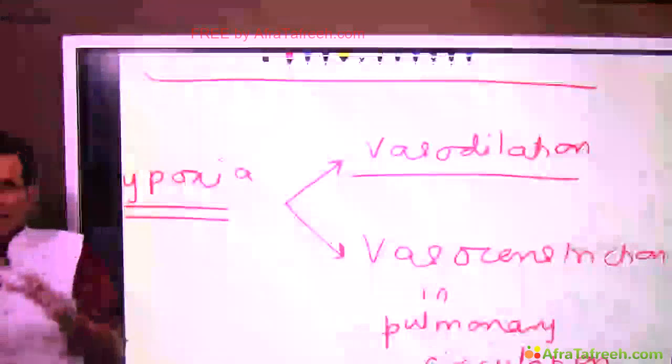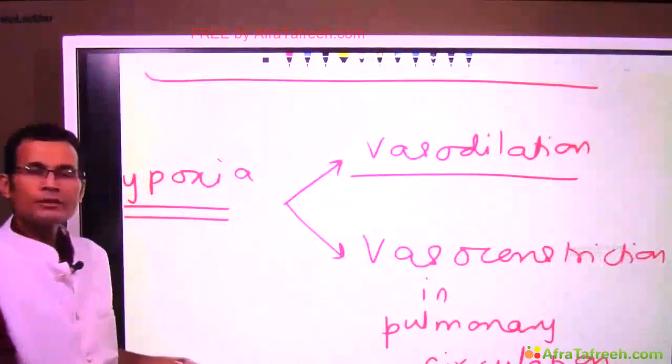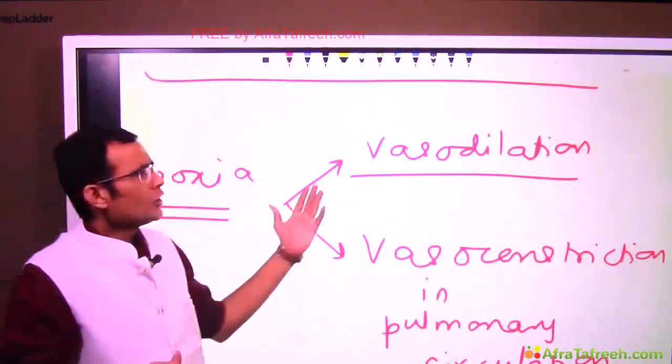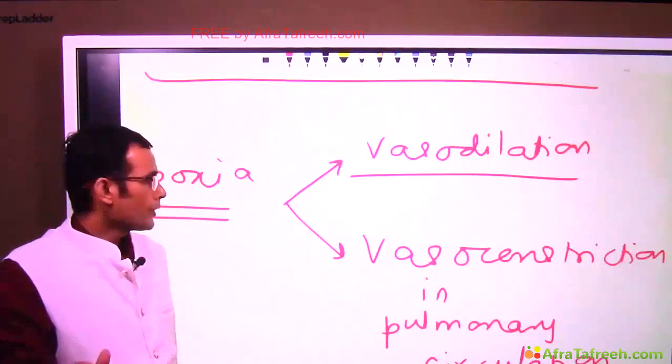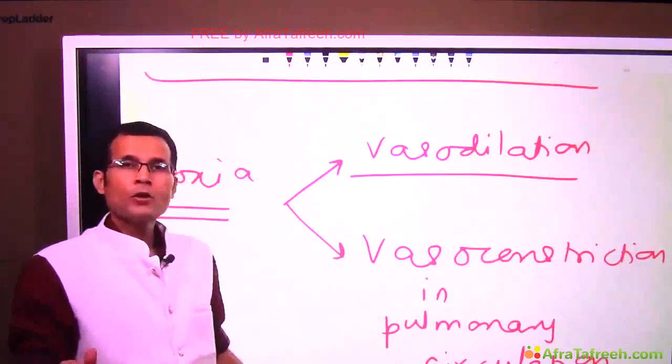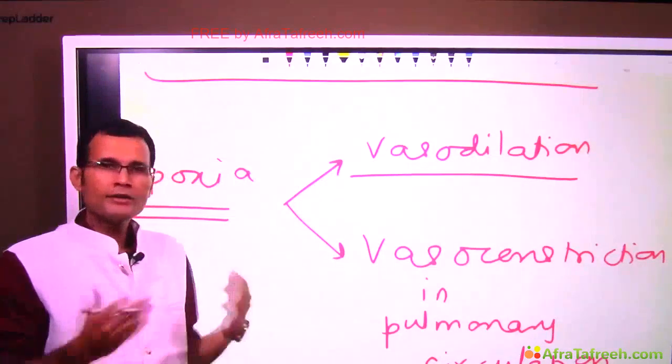So, same hypoxia, same stimulus, it causes vasodilation in all the systemic vessels, except in the lungs where it causes vasoconstriction. Why is that?